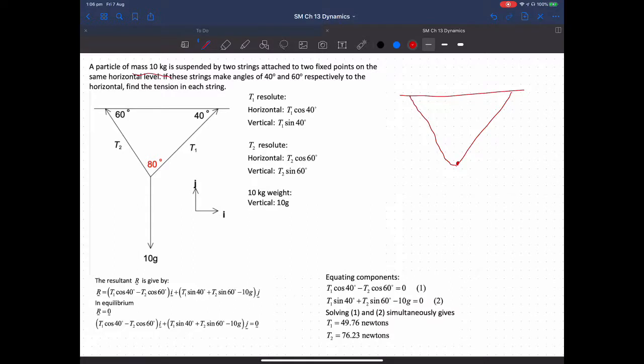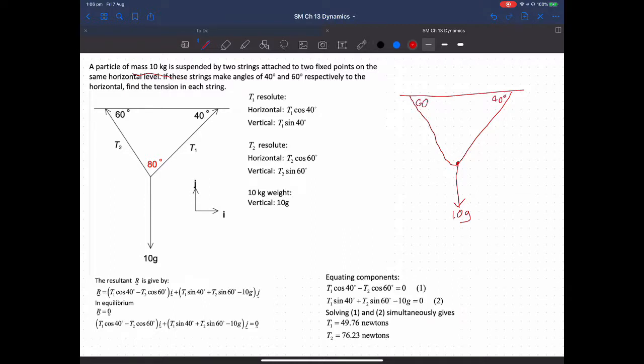That means the weight, 10g, will be a force operating downwards. We're told that they make an angle of 40 degrees and 60 degrees respectively. So there's 40 degrees.